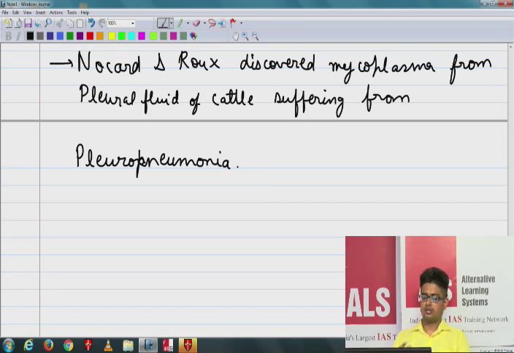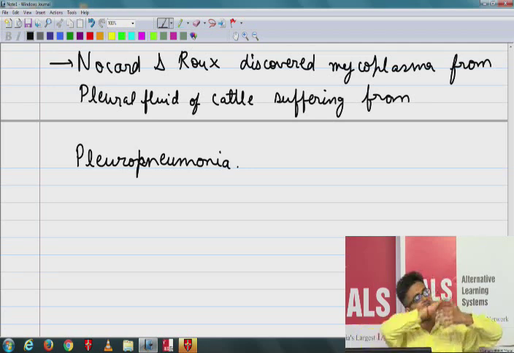All right. Okay, so let's come up to this. The cattle suffering from pleuropneumonia. Now, what is pleuropneumonia? It's a disease, a type of pneumonia occurring in the pleural membrane. Look, the lungs that we have, they have a membrane on the outside. Lungs are covered by a membrane called the pleural membrane. And inside of the pleural membrane, there is a detergent-like substance.